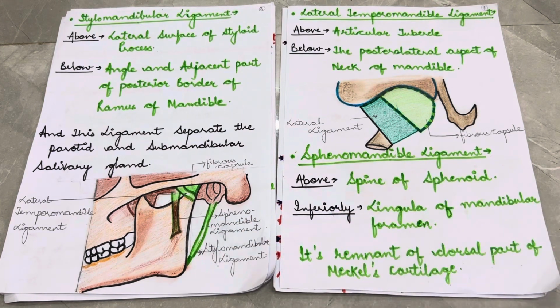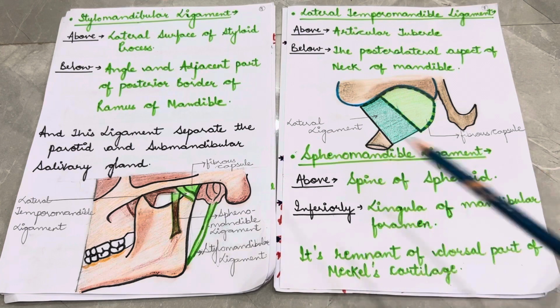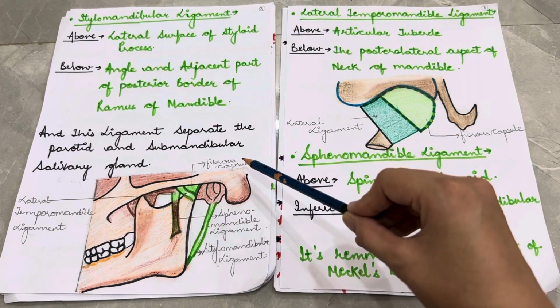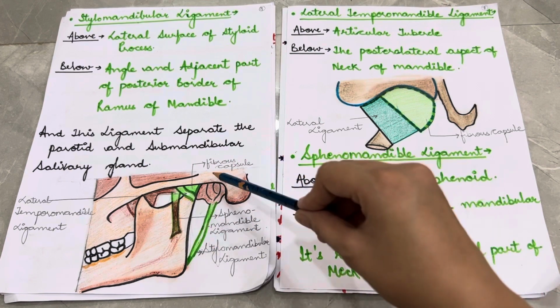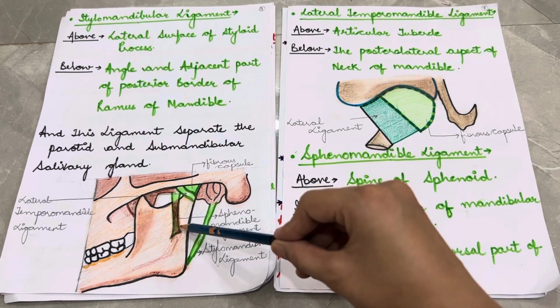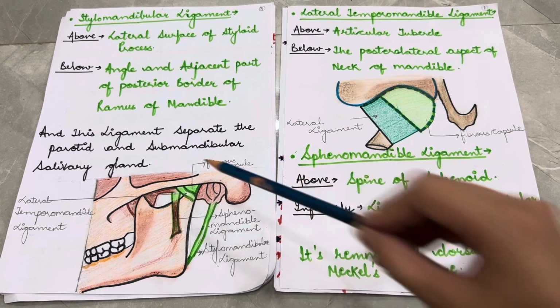This ligament separates the parotid gland and the submandibular salivary gland. This is a very important point. So in this diagram all the ligaments are present. This is the stylomandibular ligament, this is the sphenomandibular ligament, this is the fibrous capsule, and this is the lateral temporomandibular ligament.